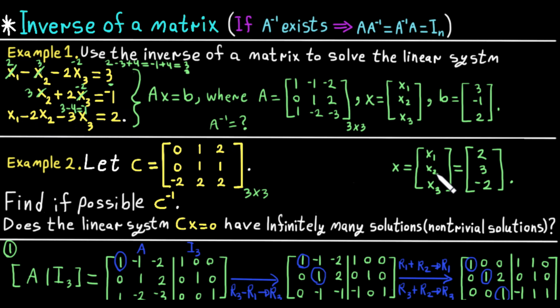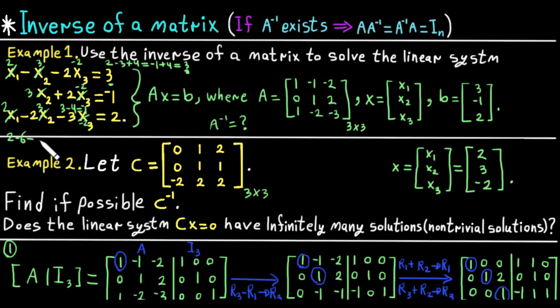And the same thing here for this row. You substitute here equal 2, here equal to 3, and for x3, you substitute negative 2. So here it will be 2 minus 2 multiplied by 3, which is 6.